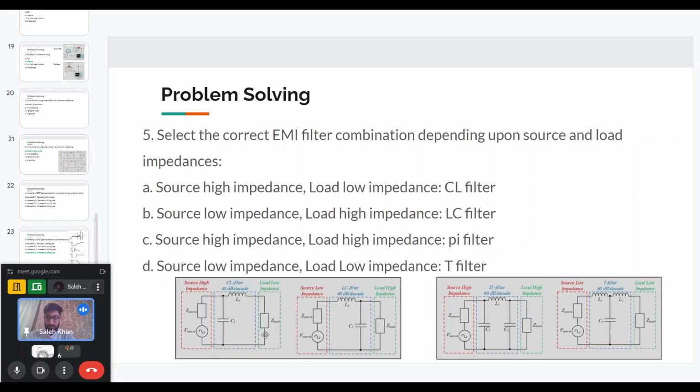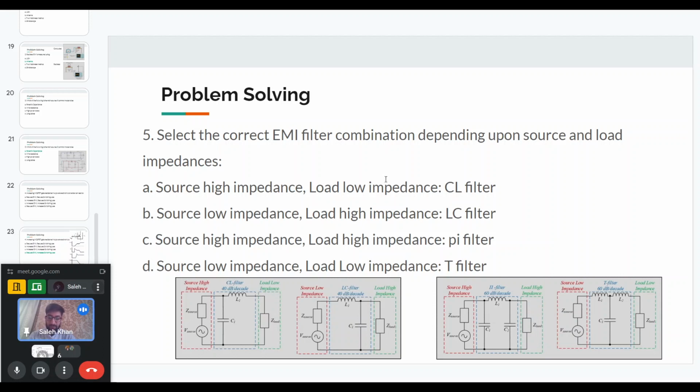Okay, so let's see. First of all, a CL filter means the C is connected to the source and L is connected to the load. This will be used when the source has high impedance because the capacitance will provide a low impedance path, so the impedance mismatch is achieved. Similarly, the L will provide high impedance to the low impedance of the load.